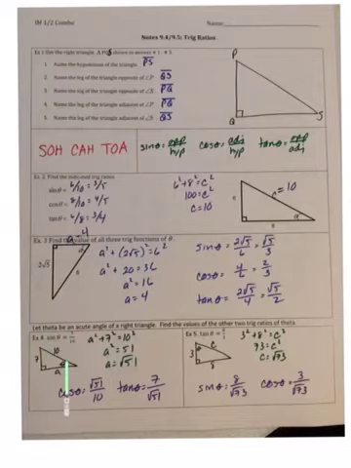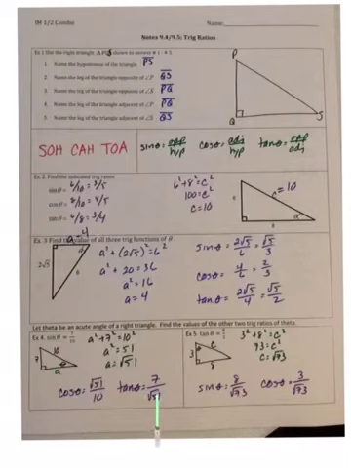So from theta, opposite is 7, hypotenuse is 10. I then can use Pythagorean theorem to find the missing leg, which is the square root of 51. Cosine, adjacent over hypotenuse, square root of 51 over 10. Tangent, opposite over adjacent, so 7 over root 51.